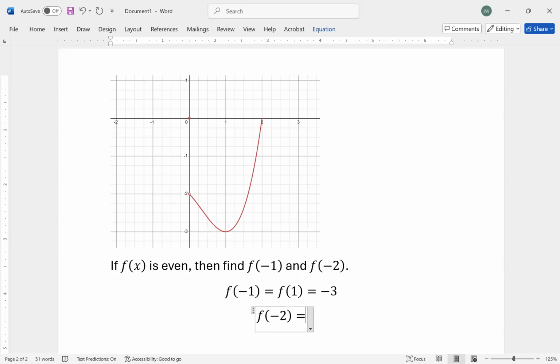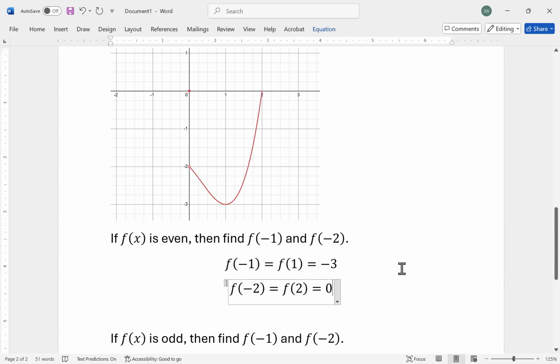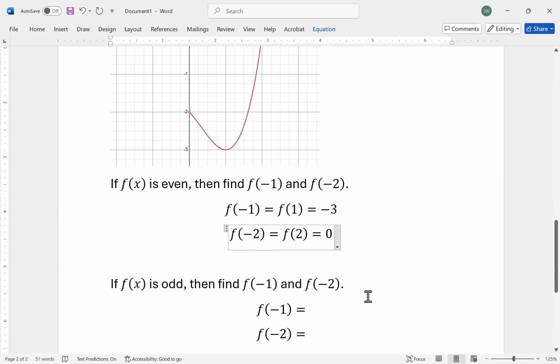F of 1 looks to be -3, and so f of -1 is -3. F of -2 is the same thing as f of 2. Looks like we're going through the point (2, 0) there, and so f of 2 is 0. Therefore, f of -2 is 0. We do a similar thing when the function is odd.